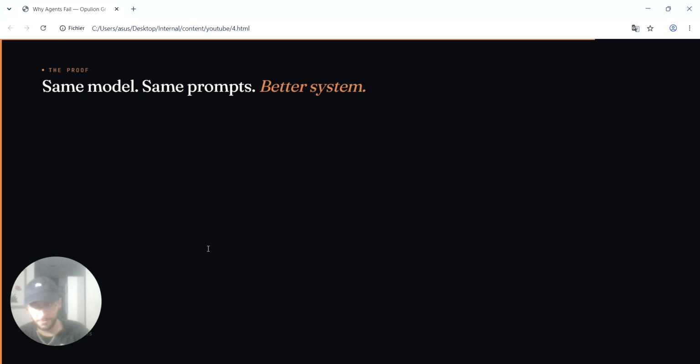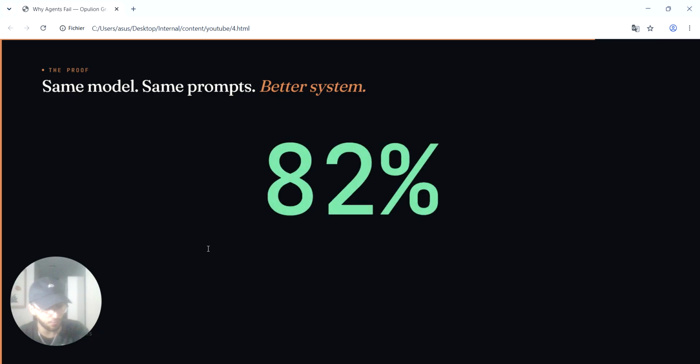And I know this works because I've done it multiple times, and this isn't theory. So, 82% fewer cascading failures, which is the number from that first war story. It was the same model, same prompts. We just engineered the system properly around it, and that 82% is architecture.